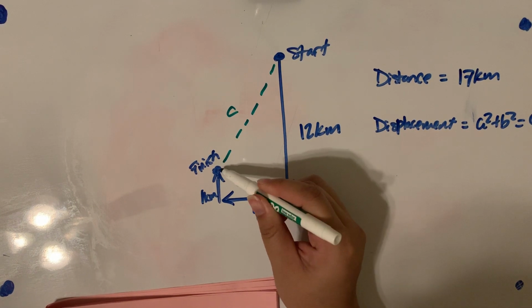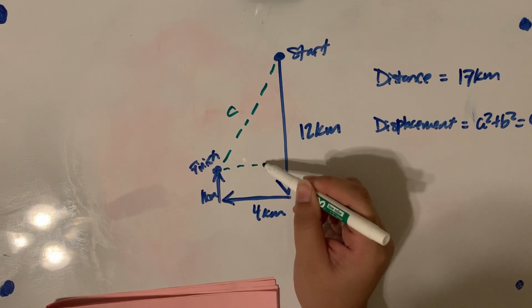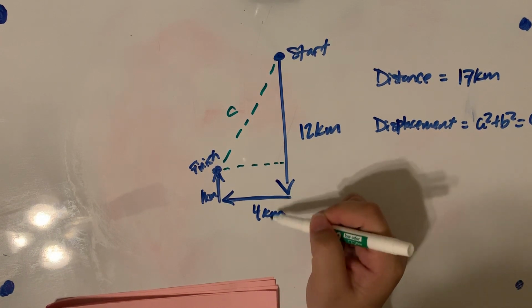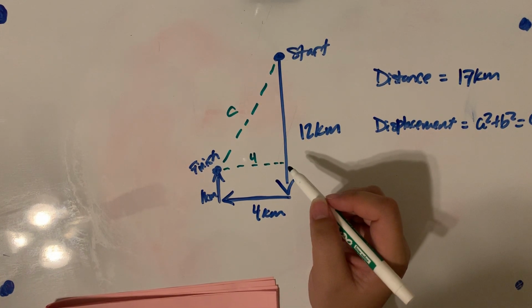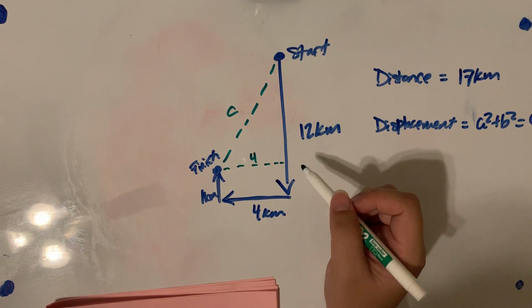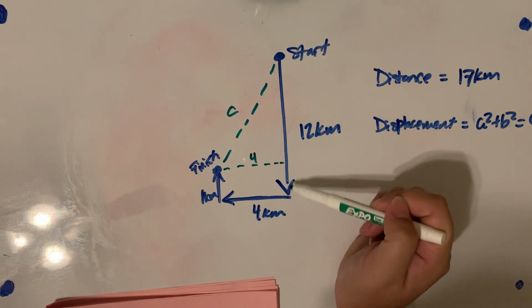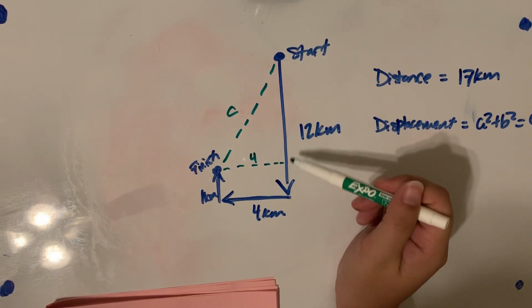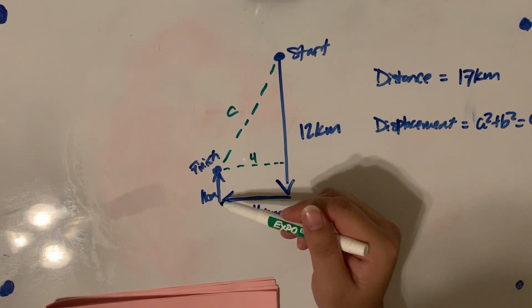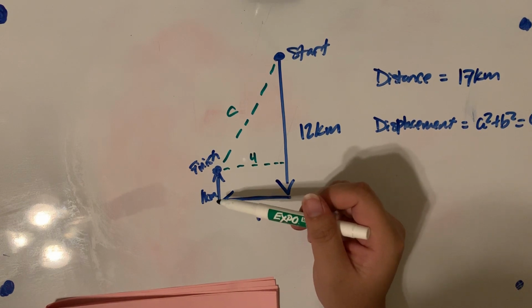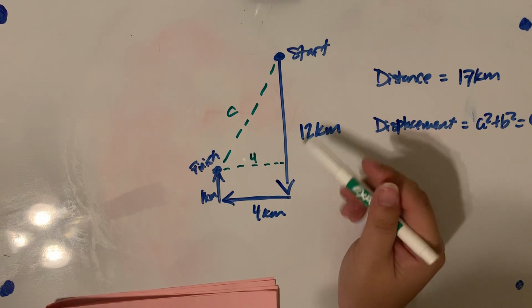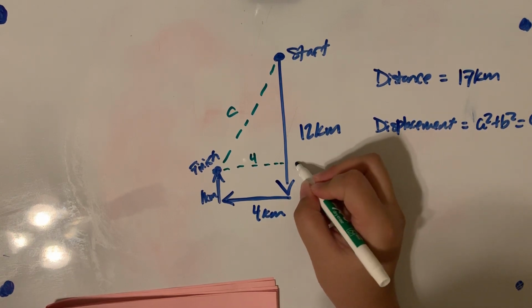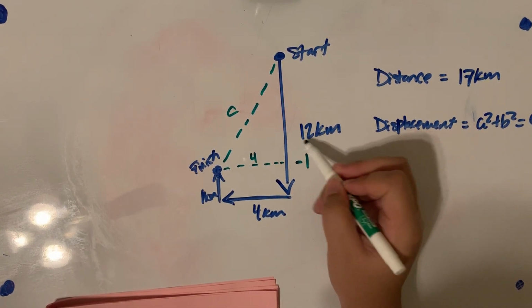Now, how can you create a right triangle? Well, ta-da, look at where you finished. That goes across. That is your 4 kilometers. Okay, that's your 4. You notice this whole vector is 12, right? But we said that he followed a school of fish 1 kilometer north. So if you're looking at this picture, all you have to do is subtract 1 from this 12.